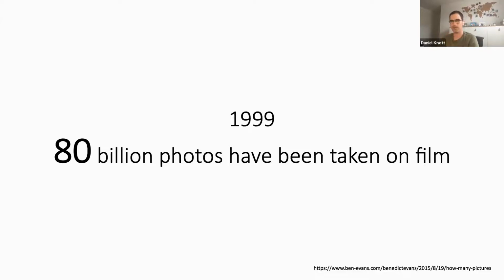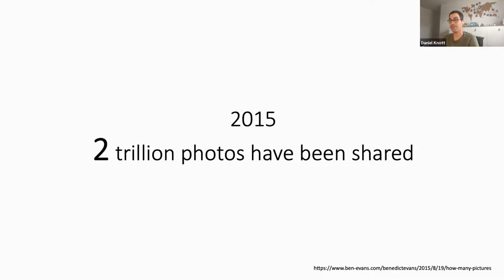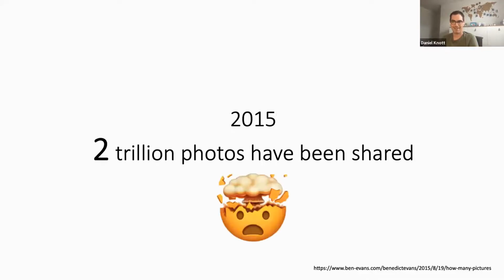Now let's take a look at the year 2015. In 2015, 2 trillion photos have been shared on social media. That's impressive, right? It's 16 years later, and 2 trillion photos have been shared. And it's mind-blowing from my point of view, because those are the pictures that have been shared to social media. Now imagine how many pictures have really been taken.